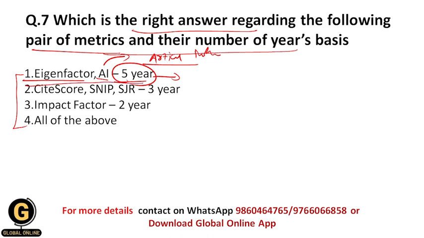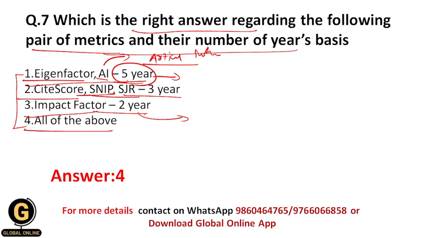Again in the second option, CiteScore, SNIP and SJR. All of these three are journal metrics, and they are going to track the citations for preceding 3 years. Impact factor, again 2 year. Here it means that impact factor is going to track the citations for preceding 2 years, and then all of the above. So students, if we see all of these options, you will understand that your correct answer is all of the above, because all of these options are correct.